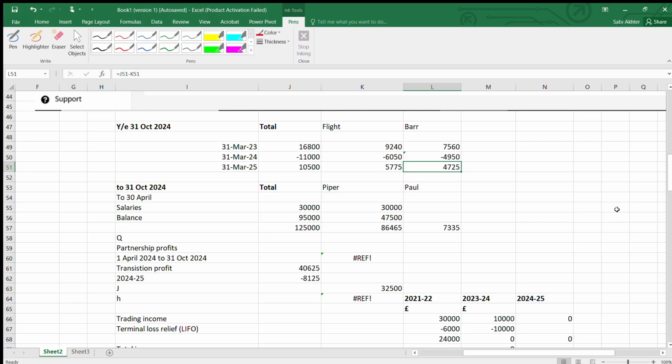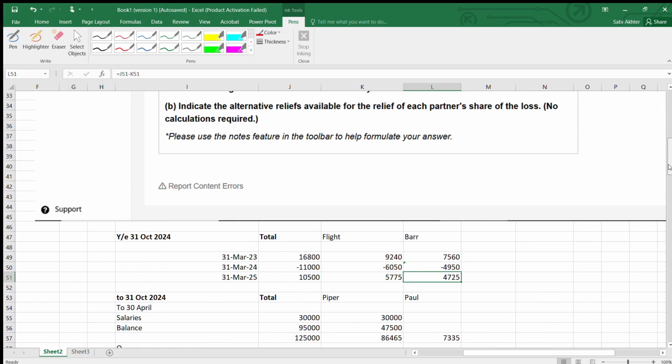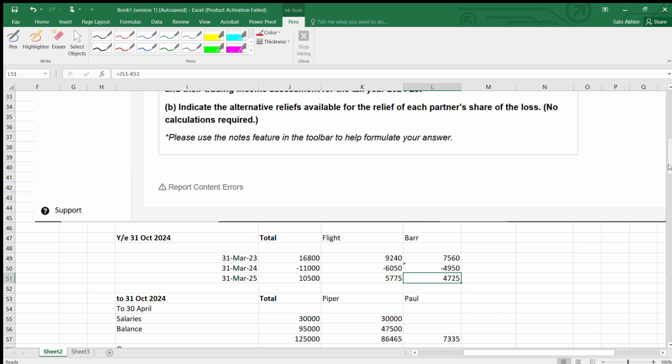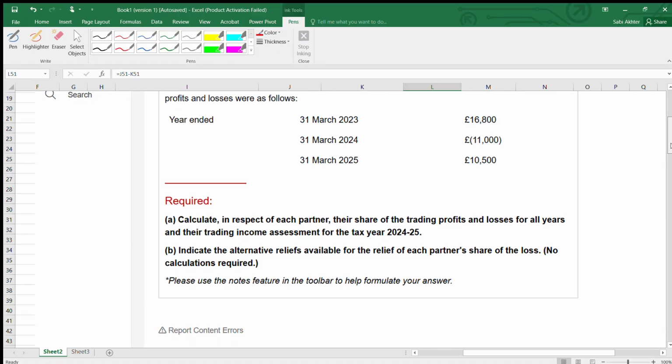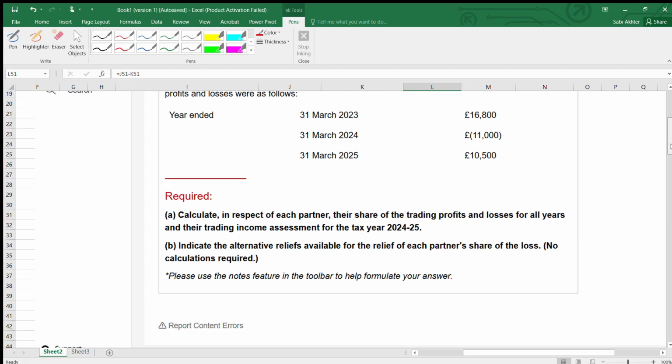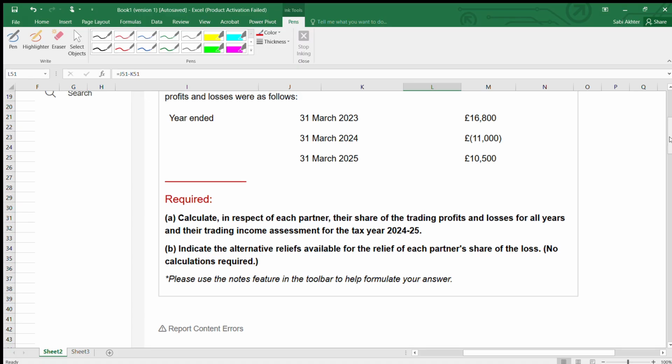Now they asked for the second part: no calculation but alternative reliefs. Both partners have a loss in one tax year, that is 23-24. Number one, they can claim against their own total income of 3 consecutive tax years on a FIFO basis. Why FIFO basis? Because the loss is in one of the first 4 tax years of the trade.